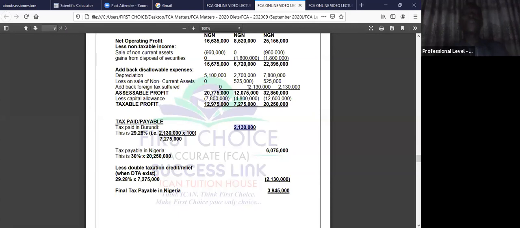Why will we take the pains to add back all these? We wouldn't have done all of these. All we would have just done is just to get this and probably get this. So we took pains to go and get the total of all these so that we will look for the rate. It's the rate that is important to us. So we take this rate versus this rate. And since this one is smaller, we are going to take this rate from this amount here.